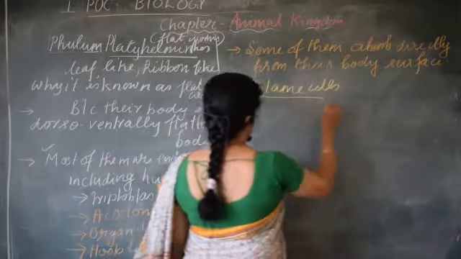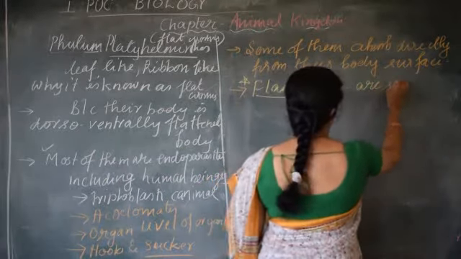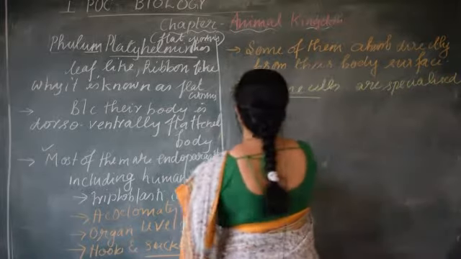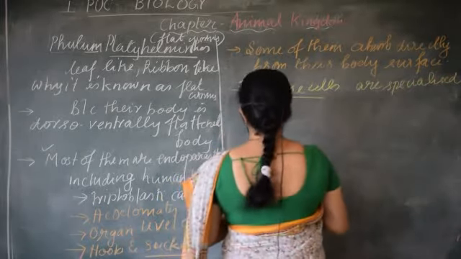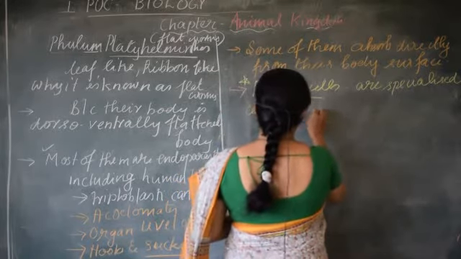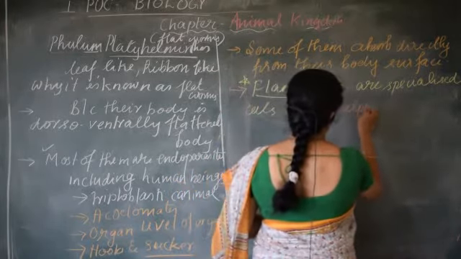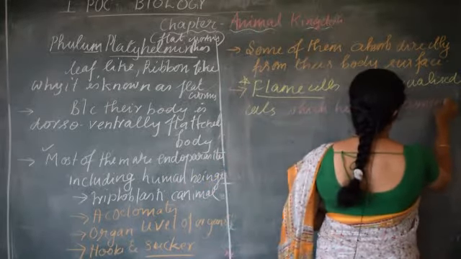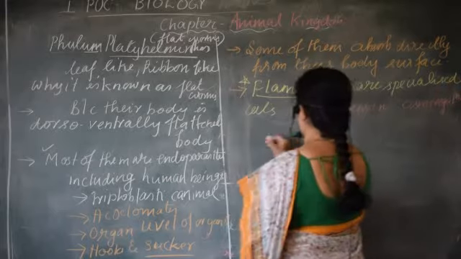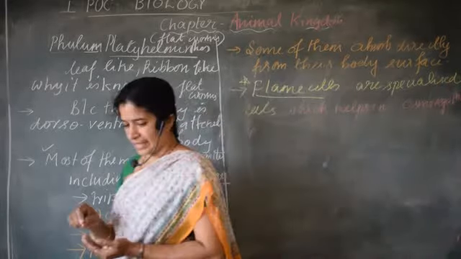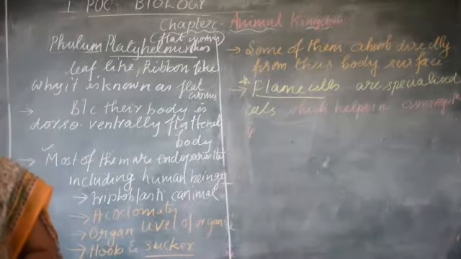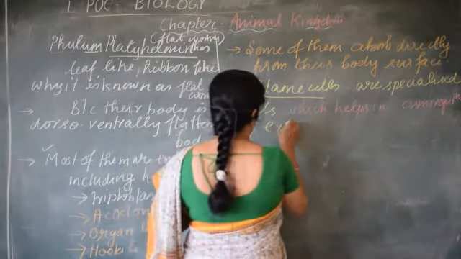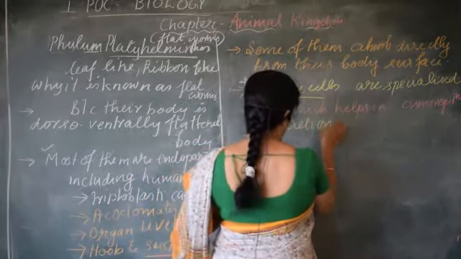The flame cells are specialized cells which help in osmoregulation and excretion. It helps for osmoregulation and excretion.